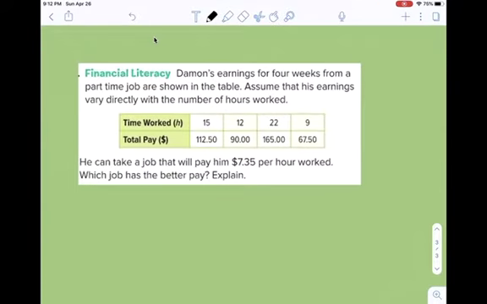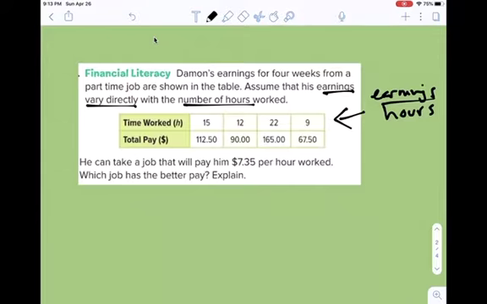This next one. Damon's earnings for 4 weeks from a part-time job are shown in the table right here. Assume that his earnings vary directly with the number of hours worked. So earnings is going to be my Y, which is another way of saying what he makes, over hours.